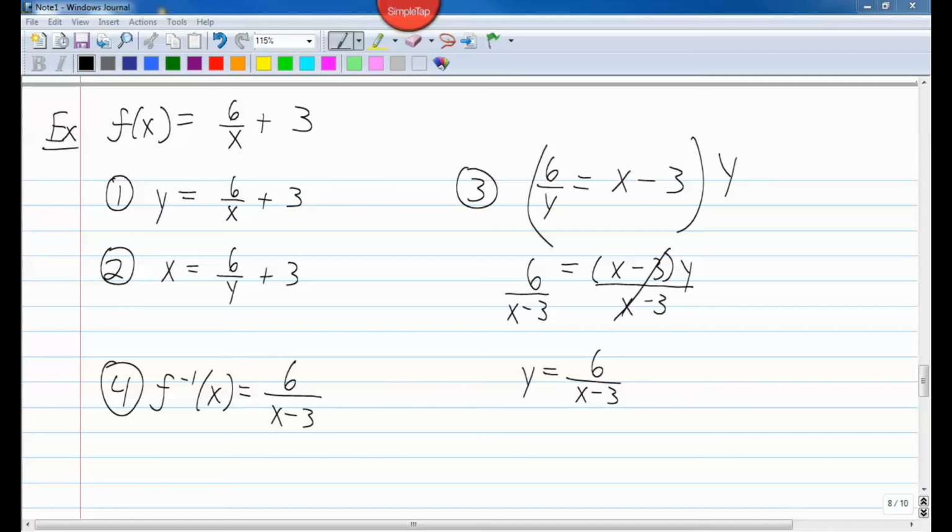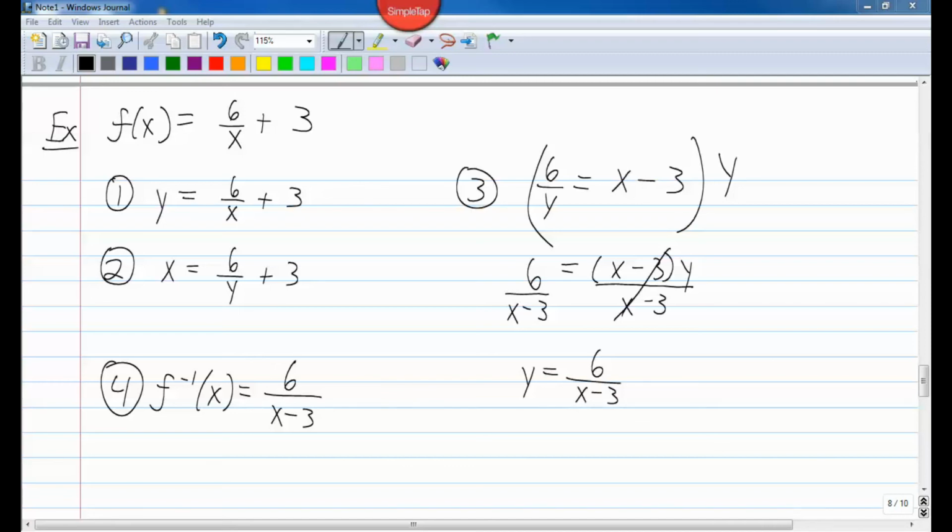Now, does everybody remember the vertical line test? The vertical line test tells you if the graph you're looking at is a function.